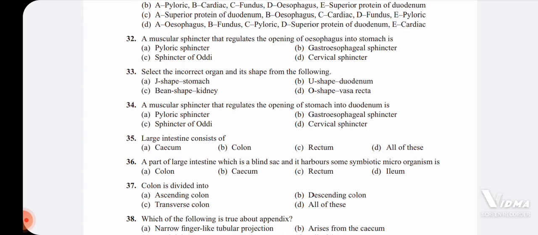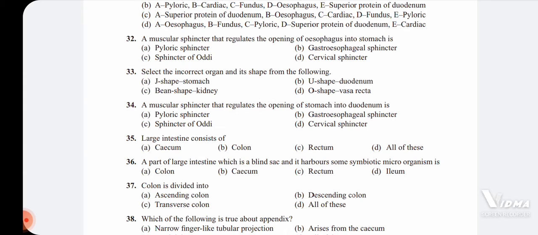Next, 34th question: a muscular sphincter that regulates the opening of the stomach into the duodenum. The sphincter present between the stomach and duodenum helps in the opening of the stomach into the duodenum. That is called the pyloric sphincter.